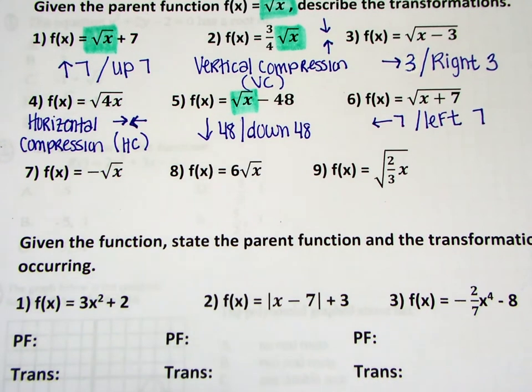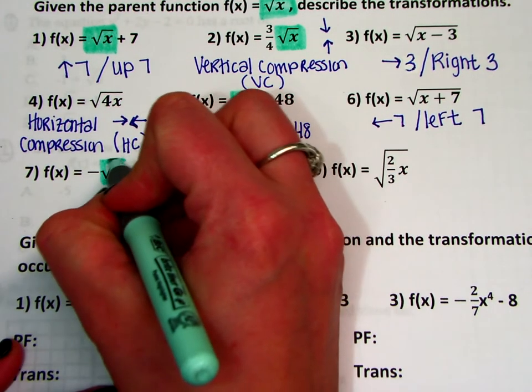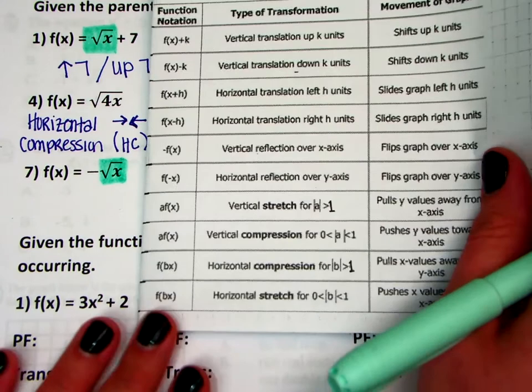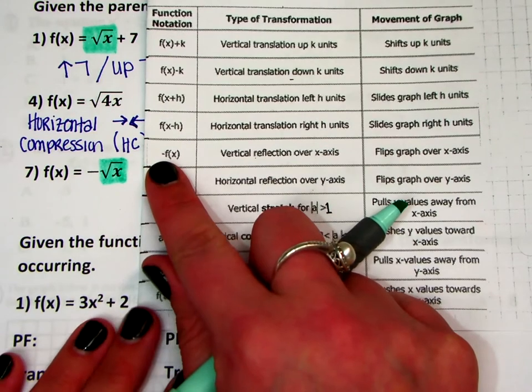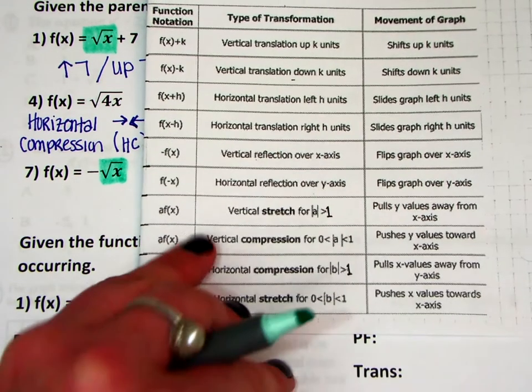All right, again, on number 7, I can clearly see the square root of x, which means if I can clearly see the square root of x, then it's something happening vertically. Looking at my list from yesterday, negative outside of the function is a vertical reflection over x.